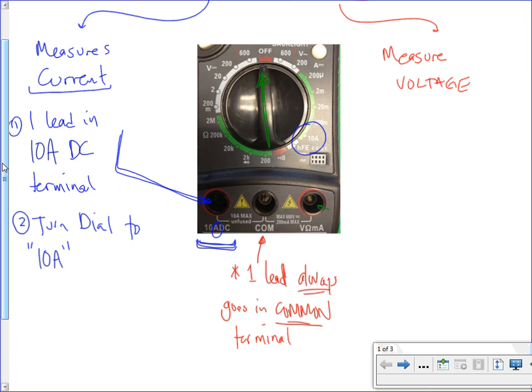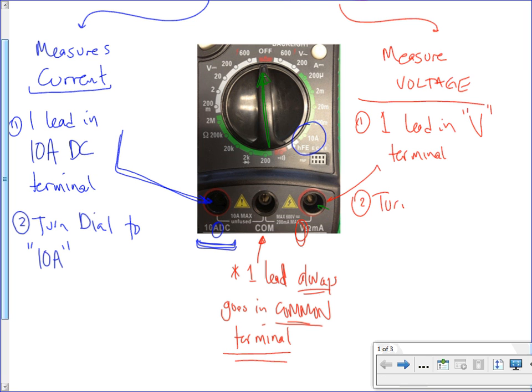Now, when we're going to measure voltage, here's the only terminal that we can plug something into to measure voltage. So, of course, one lead always in the common terminal, but one lead in the V terminal right there. And two, we turn the dial to a DC voltage setting.